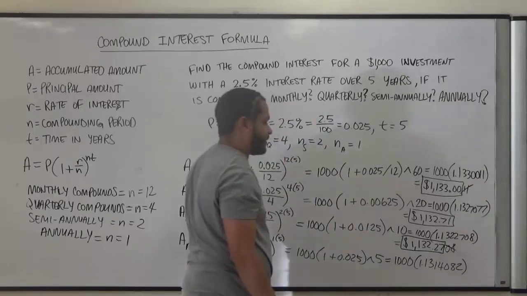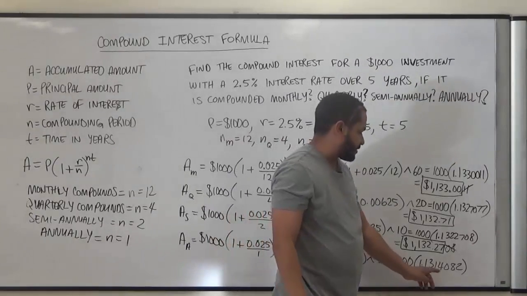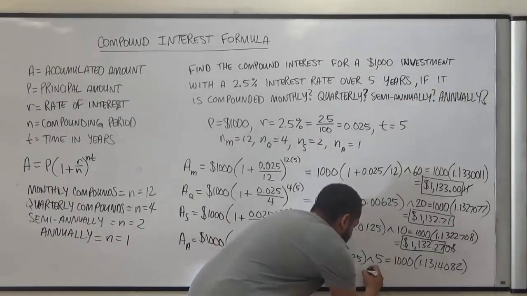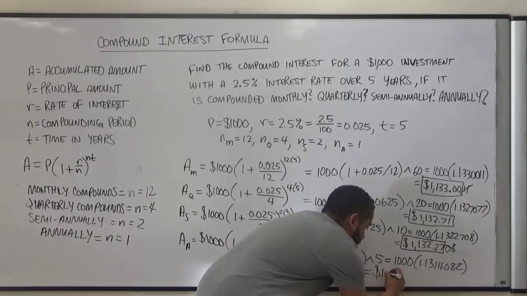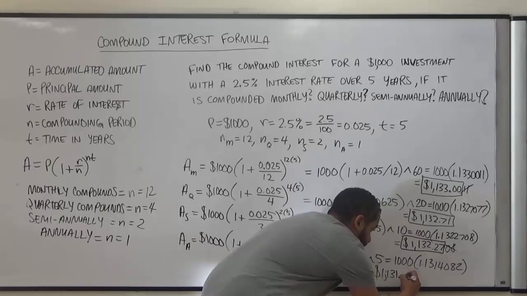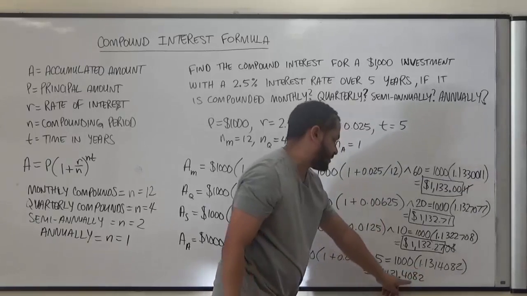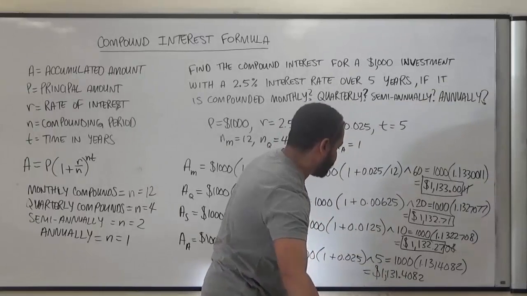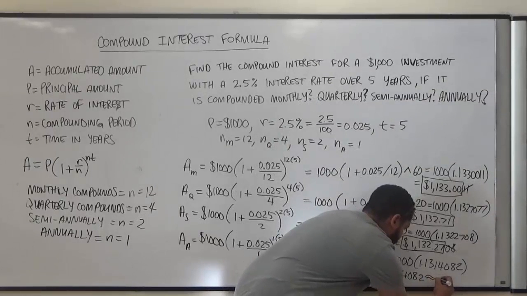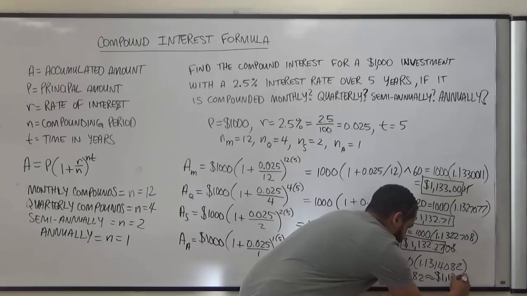And now multiplying these two again, we shift the decimal 3 positions over, and we're going to have 1,131.4082. The 8 is 5 or greater, so we're going to round this up, and we get $1,131.41.